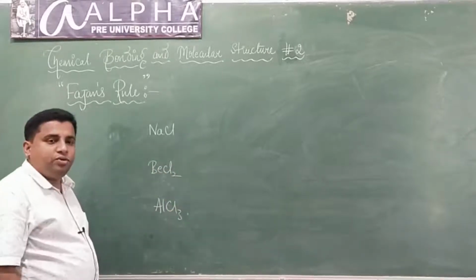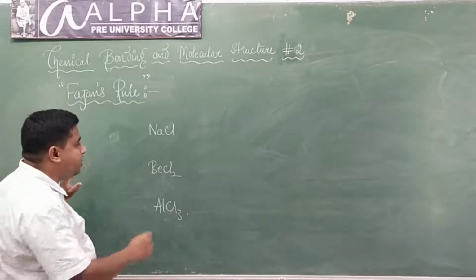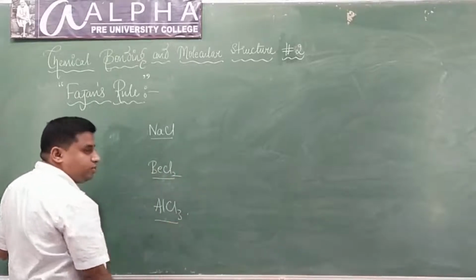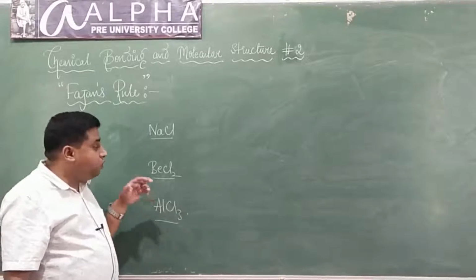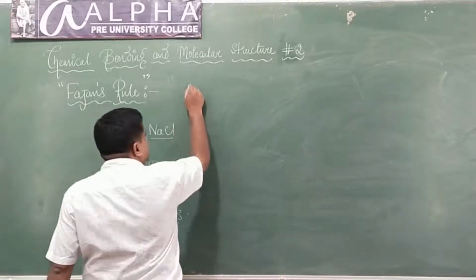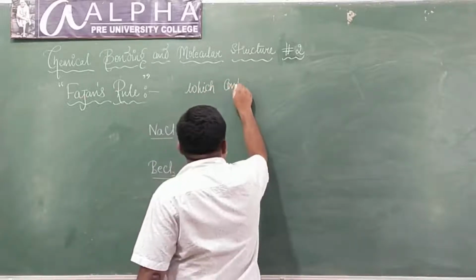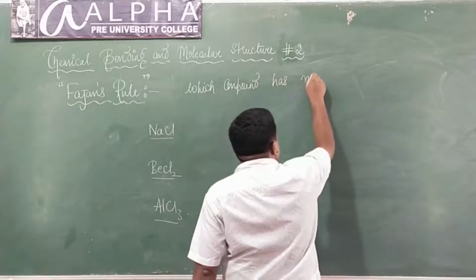Can you tell me which compound is more covalent? I have sodium chloride, beryllium chloride and aluminium chloride. Which compound has more covalent character?